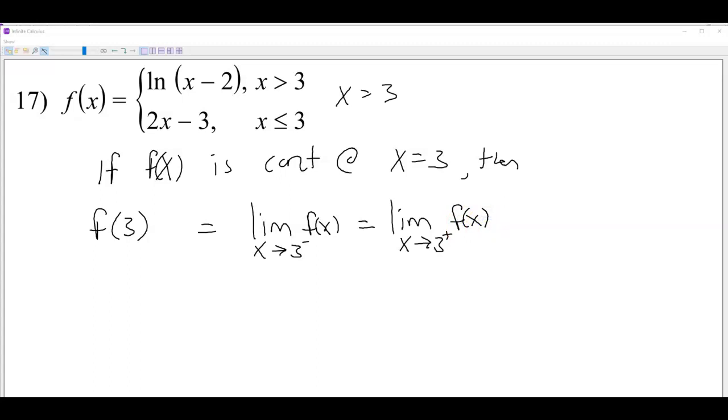All right. So where can x actually equal 3? That would be here, so that would be this piece. So that's 2 times x minus 3, and x is 3. So that's 6 minus 3, which is 3.